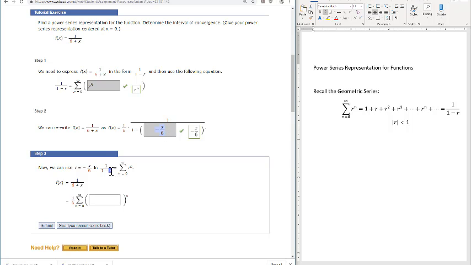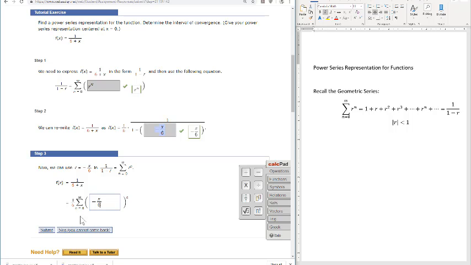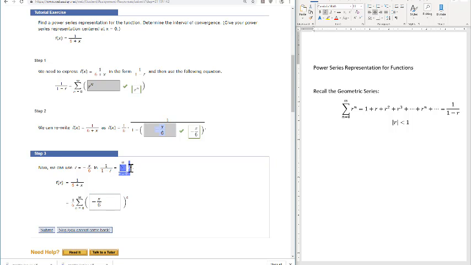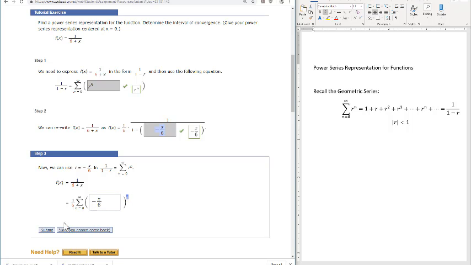So the r value is negative x over 6. And so we can put that into our expression. And our series is r raised to the nth power.